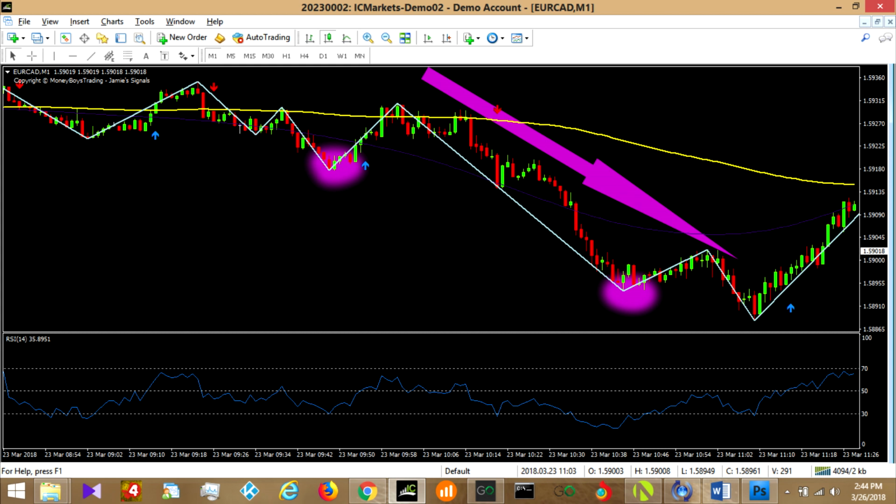Now, we wait for some time for new information. Then the price broke the old lower low and gave us a new lower low, and the RSI gives us different information. The RSI was supposed to give us an oversold, but it didn't. So what's happening?